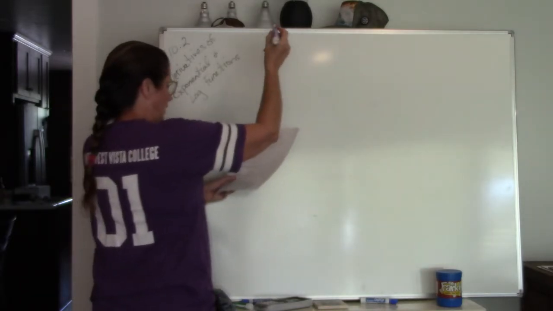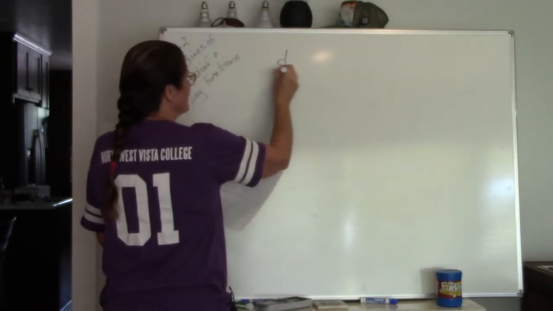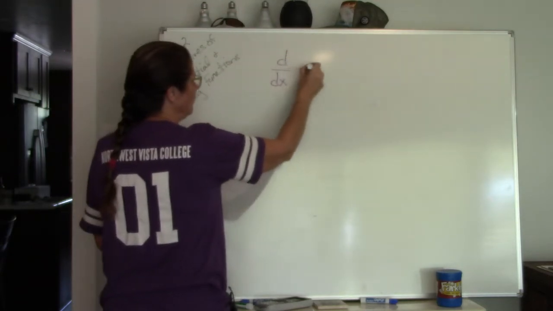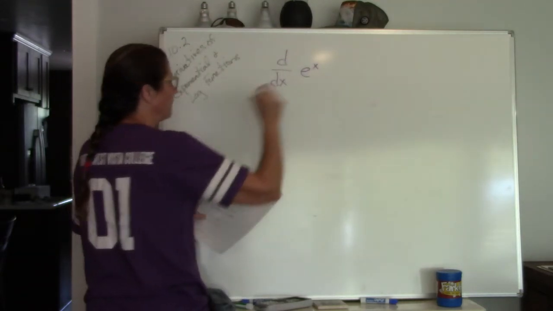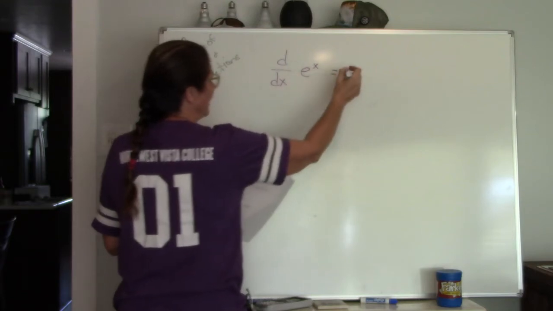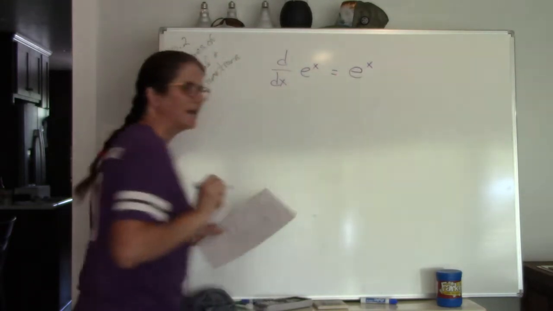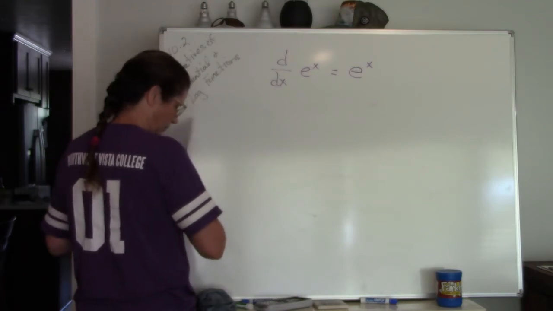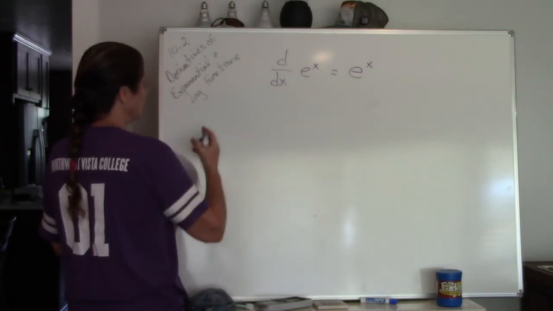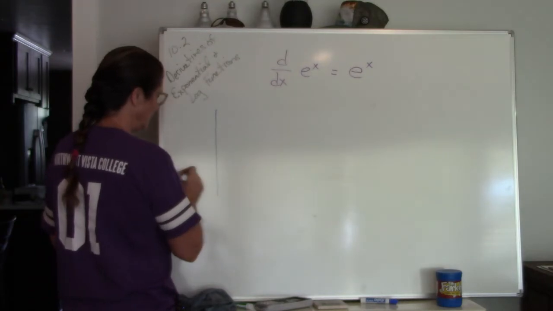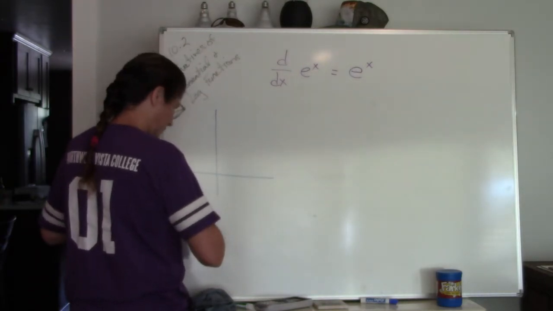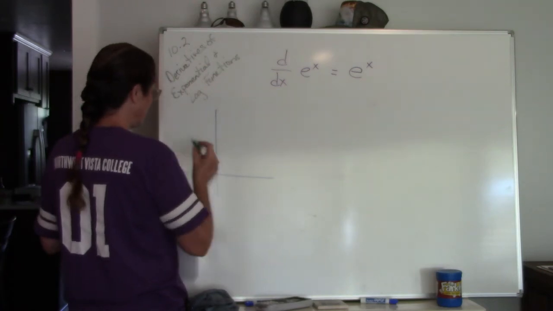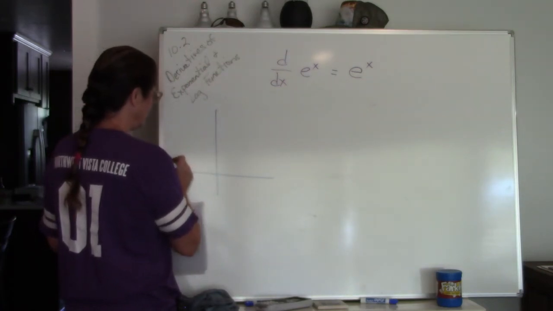So remember this is the verb, and it says find the derivative of e to the x. The derivative of e to the x is e to the x. This is the one I'm going to show you. If you remember, derivative is all about the slope, and e to the x is an exponential function.